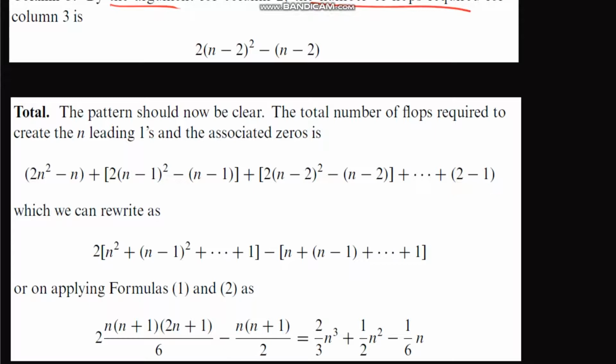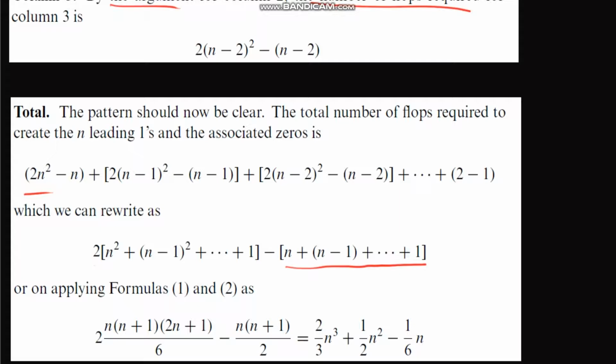Okay, we can rewrite this. If you rearrange this and take common, then you will get 2 times n square plus n minus 1 whole square and so on up to the end, minus n plus n minus 1 plus so on up to the 1, right?